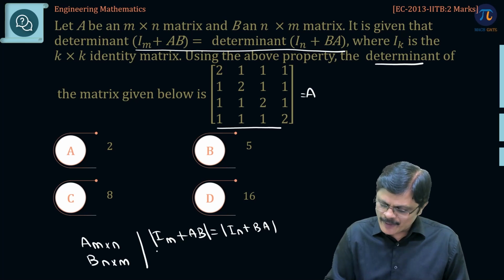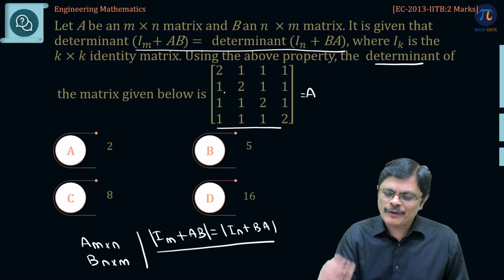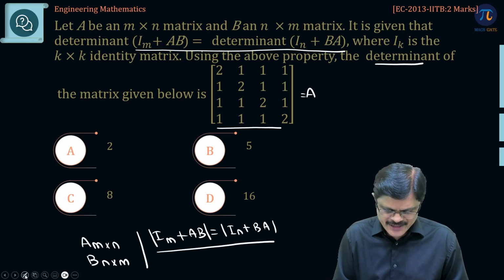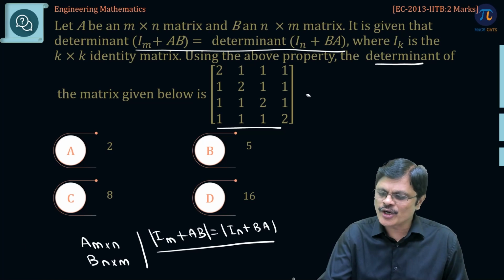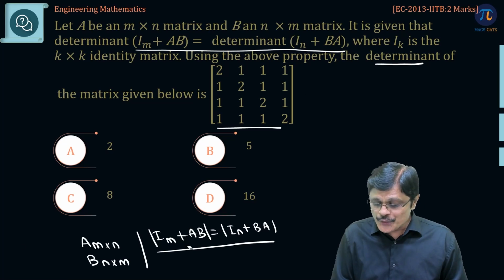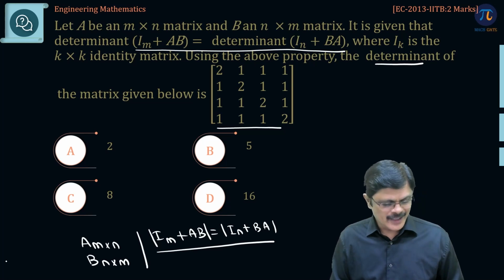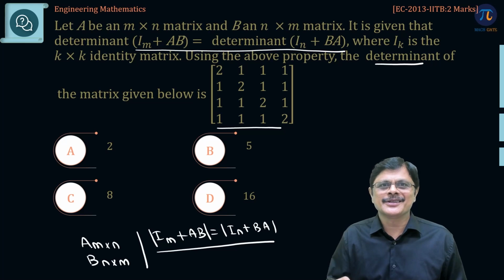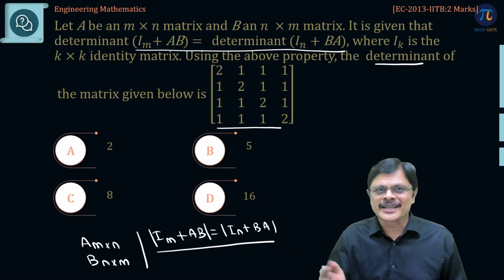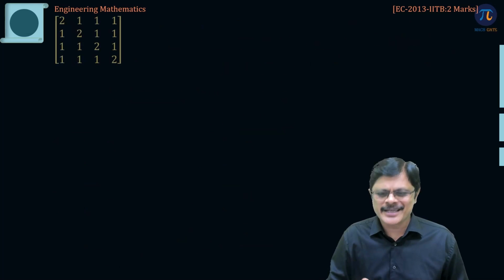Using this property, you have to find the determinant of this matrix. Of course, this is not the matrix A, sorry for that. So using this property, you have to find the determinant of this. Of course, for university examination, you have to use the property. In GATE, you can directly try by other methods. But let us use the same method.